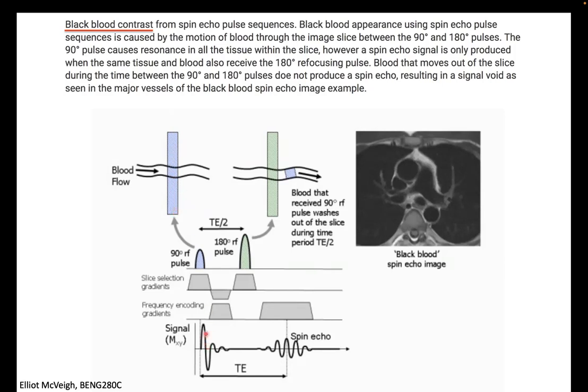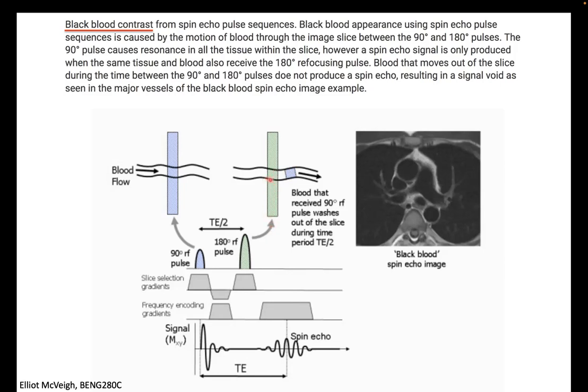So we get an FID from that signal, but we're going to image over here with a spin echo. And so by the time we get around to here and we do a 180-degree pulse in order to generate this spin echo, right? If this is a blood vessel, the blood that I originally excited with a 90-degree pulse, when I go to hit it with a 180-degree pulse, that blood's already down here. So it's moved out of the slice, right?